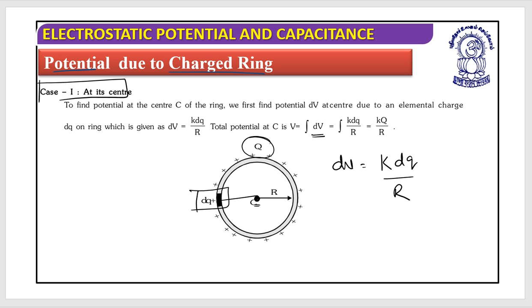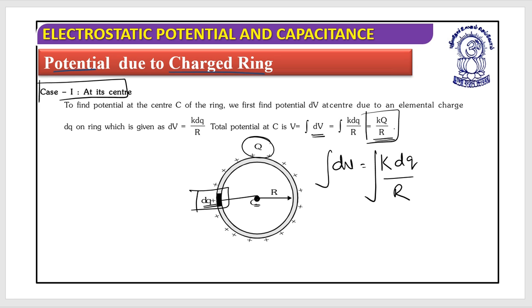Now I need to find the potential due to not only this element but due to the charge on the overall ring. So if I integrate this, what I have is that at the center the potential due to the charged ring is kQ by r.